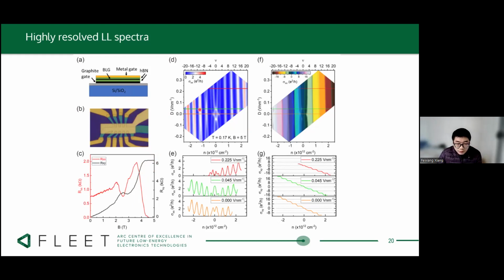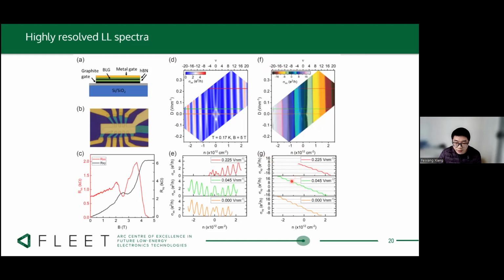The line cut of the Landau level spectrum is shown in figure E, where we can see very clear oscillations, and the Hall plateau is recorded in F, and G is the line cut of F.